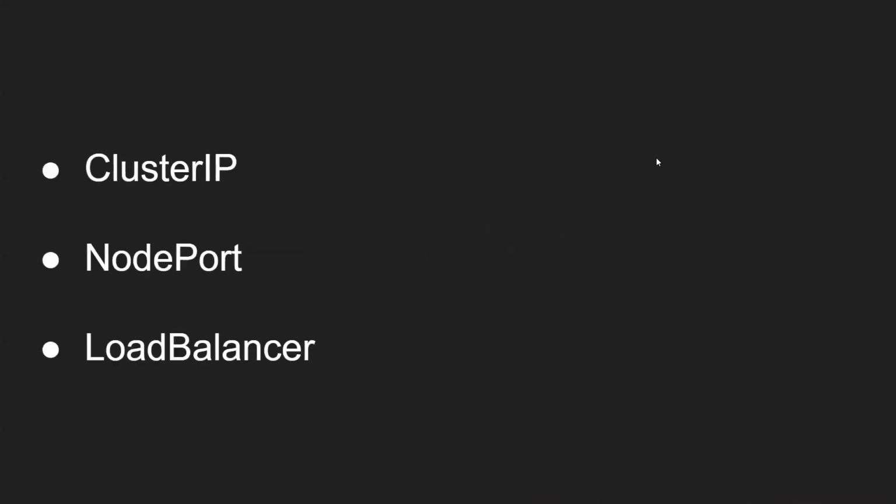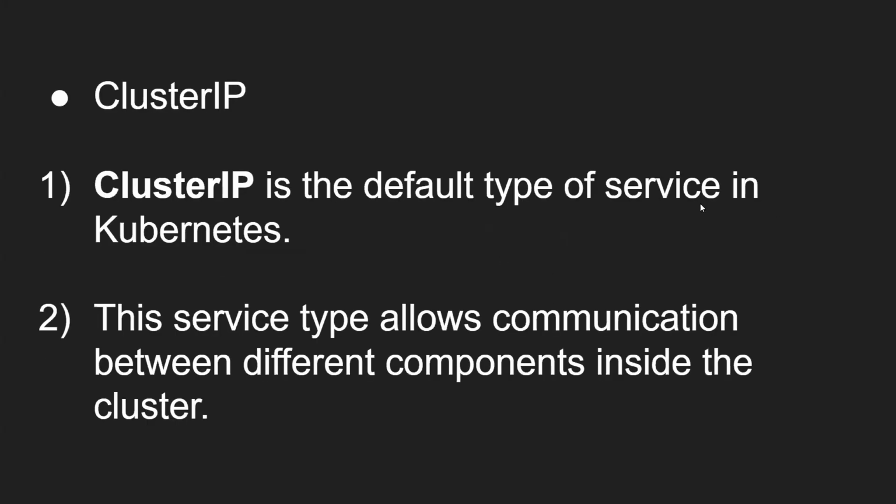Networking can happen via these three types: cluster IP, node port, and load balancer. We are going to see about the cluster IP. What is cluster IP? Cluster IP is the default service in your Kubernetes. This service allows you to communicate between different components inside your cluster only.